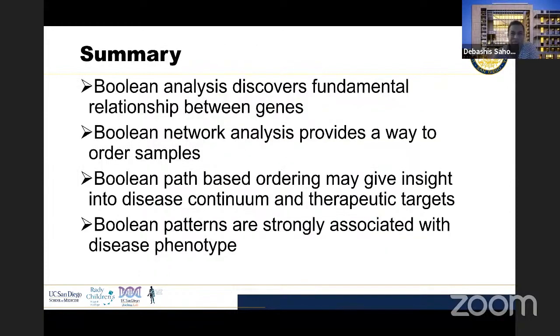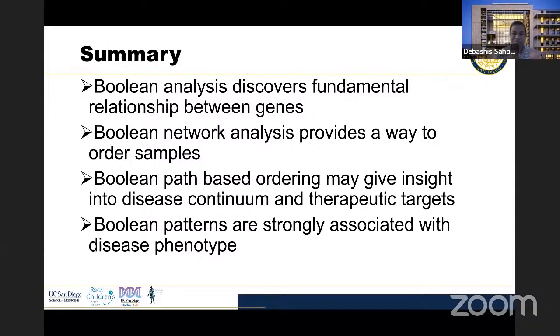So that's basically my talk. To summarize, I talked about Boolean analysis that discovers fundamental relationships between genes. Whenever you talk about these 6 different categories, we hope that they are fundamental, and in a big data setting, it's really robust, so that when you go to the clinic, you see the same thing.